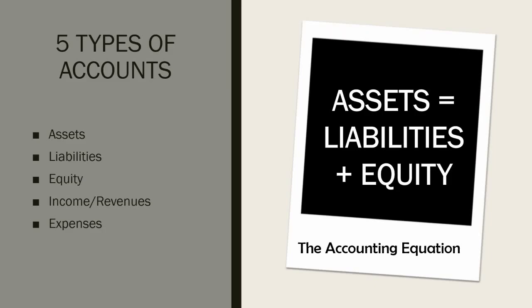Other things that you need to understand are the 5 accounting types. There are 5 accounting types, no more, no less, okay? These are your assets, your liabilities, your equity, your income, also known as revenue (in QuickBooks it's known as income), and your expenses.